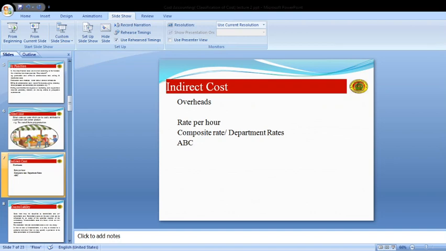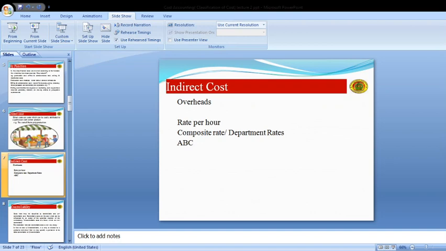And those which cannot be related very easily, like rent or like electricity, that would be considered as indirect cost. Now we need to charge this indirect cost also.